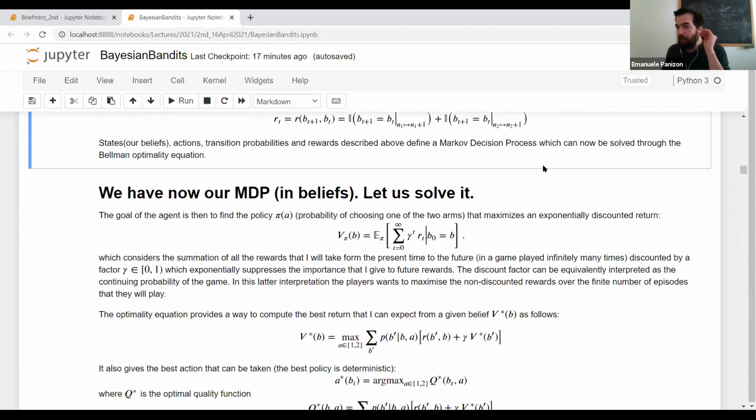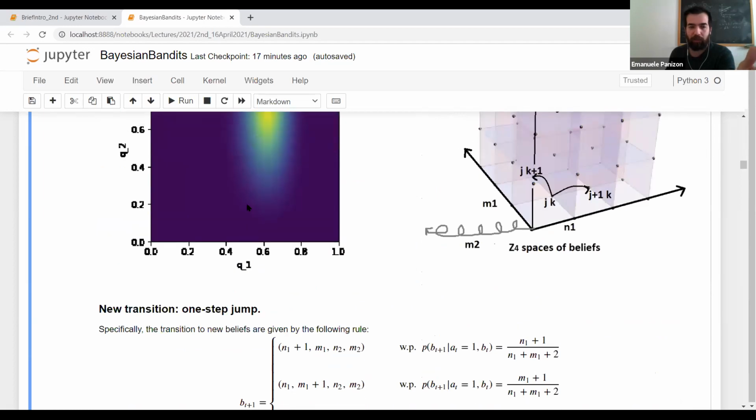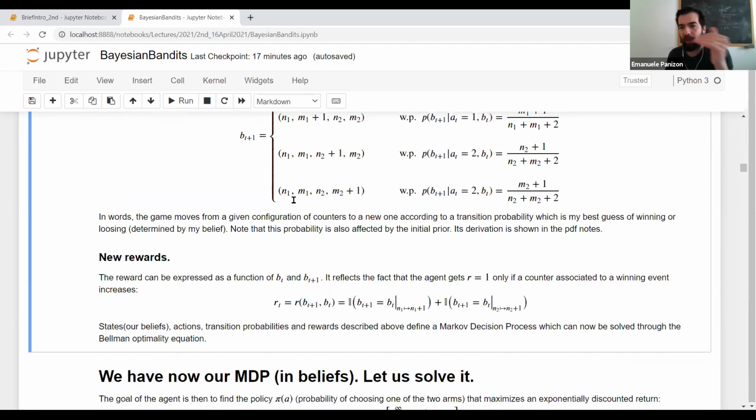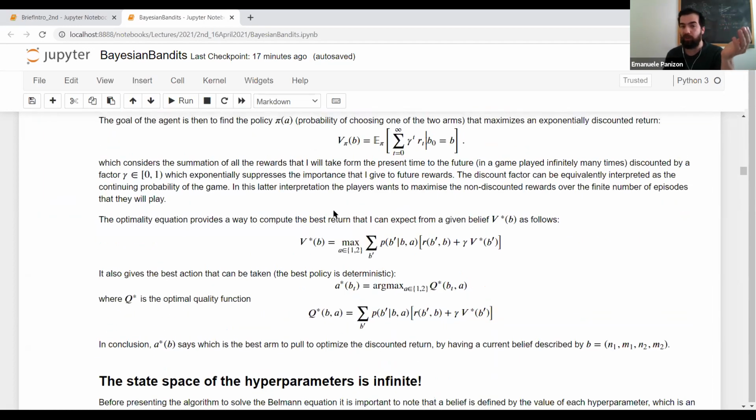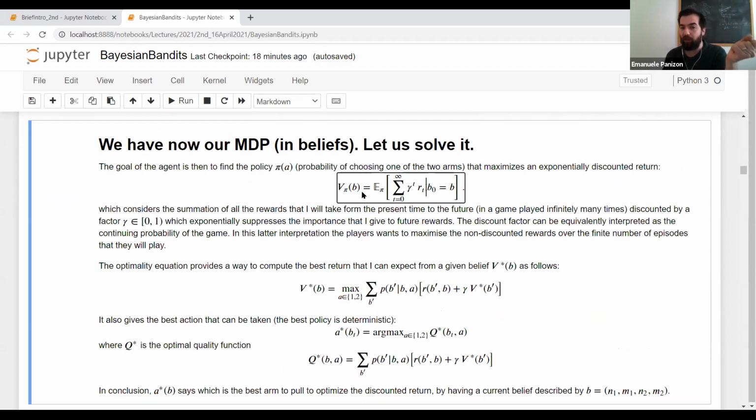Okay. Right now we have defined a problem, and if I gave you this problem without saying where it comes from, you could have already solved it, because this is just an MDP and we want to solve it. So what we want to do is optimize the value function of being in a belief, which is none other than the value if we take a policy.